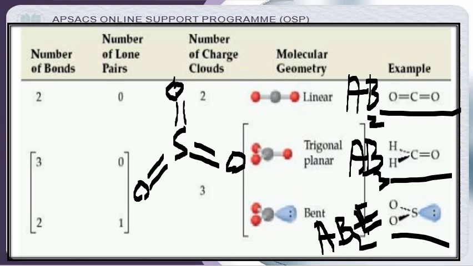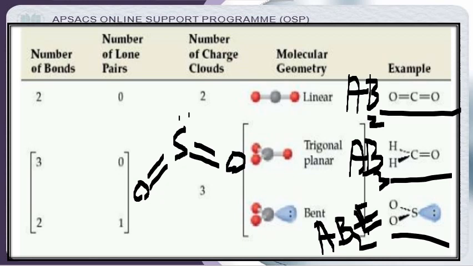Now consider the case of SO2, where a lone pair is present. Show it like this: replace this oxygen with a lone pair. It is of the AB3 type, but as it holds a lone pair with it, it is AB2E type, where B is the bonding pair and E is the lone pair present in it, right?